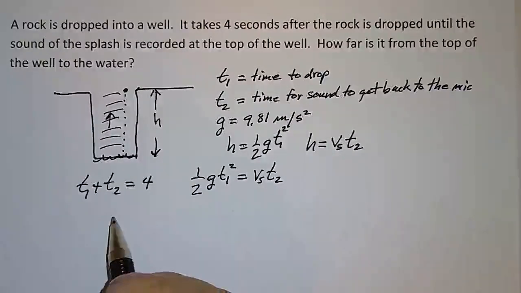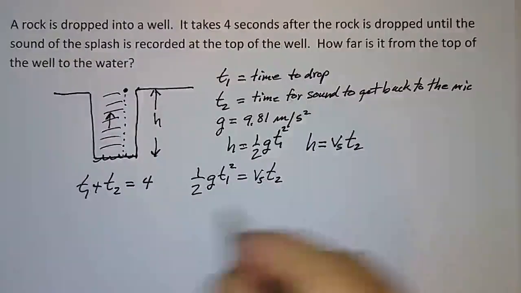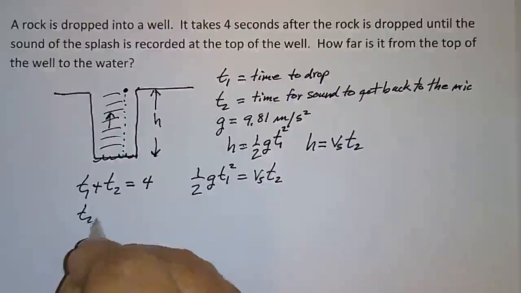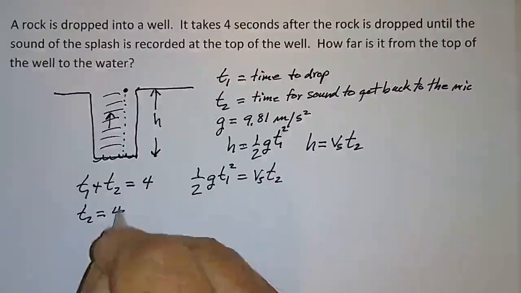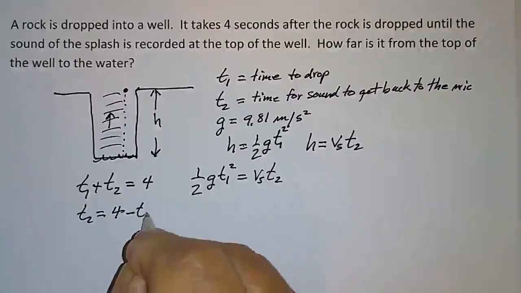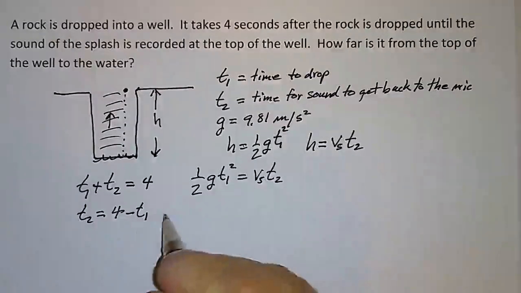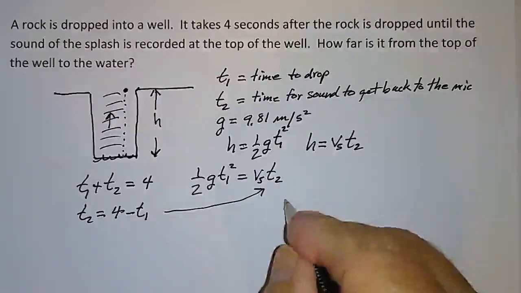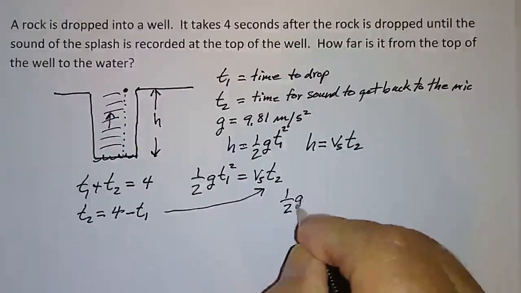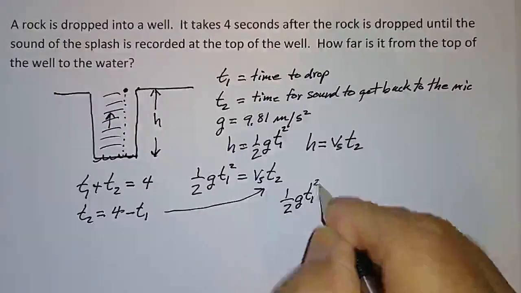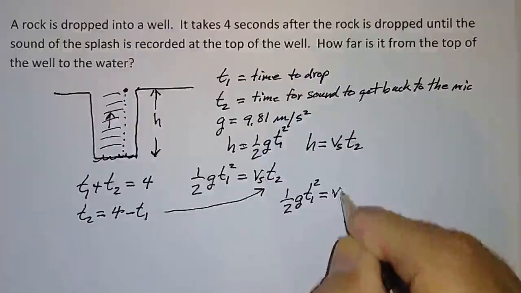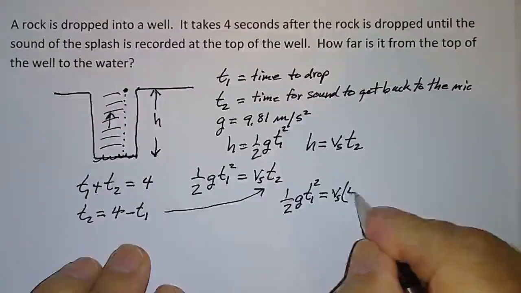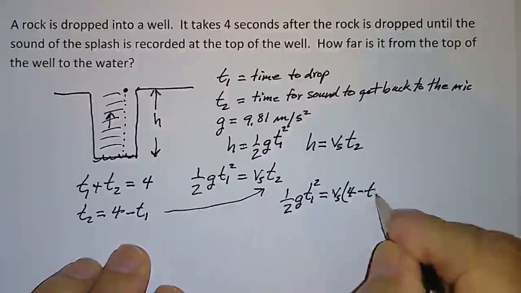But from this equation over here, we can say that T2 is equal to 4 minus T1, and then we can stick that right in here: 1/2 g T1 squared is equal to Vs times T2, which is 4 minus T1.